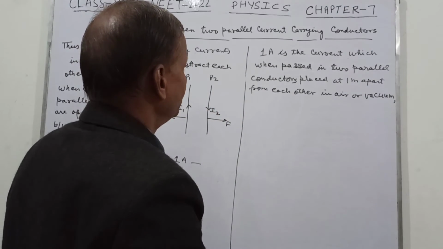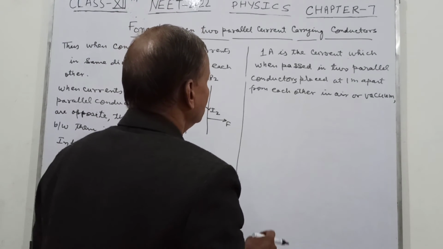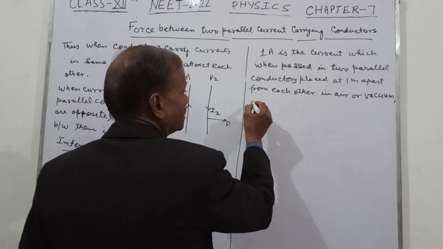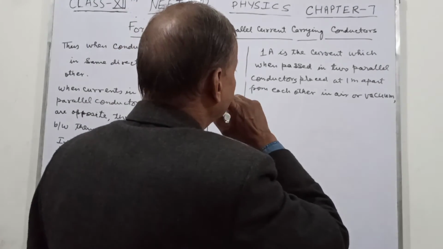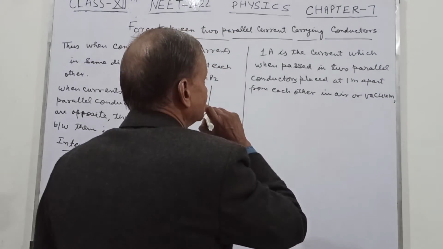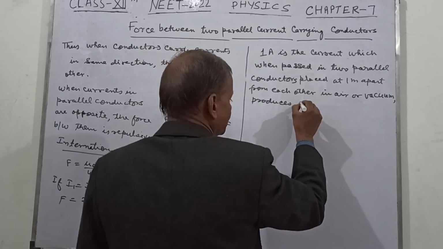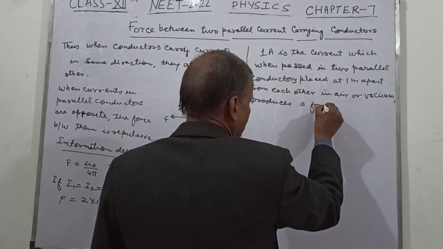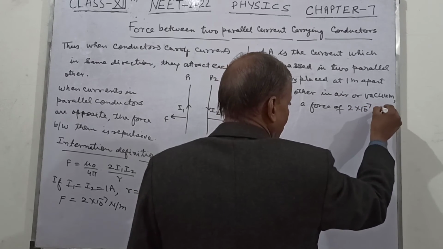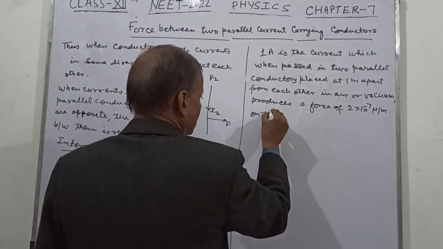One ampere is the current which, when passed in two parallel conductors placed at 1 meter apart from each other in air or vacuum, produces a force of 2 into 10 raised to the power minus 7 Newton per meter on each conductor.